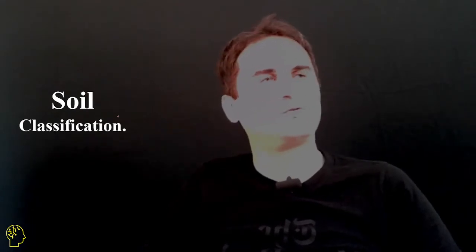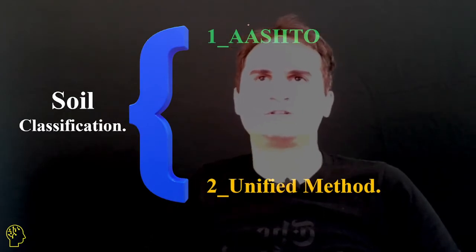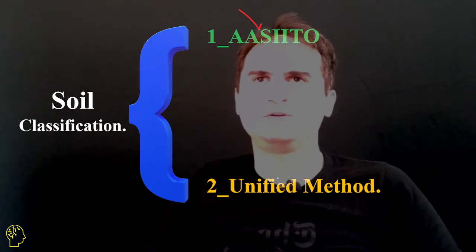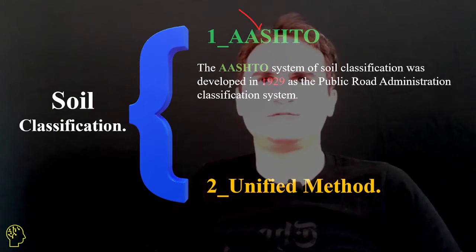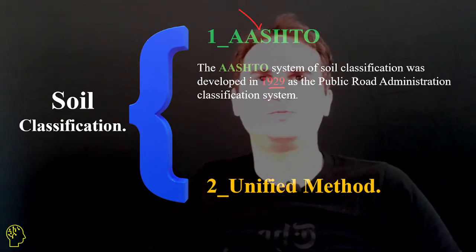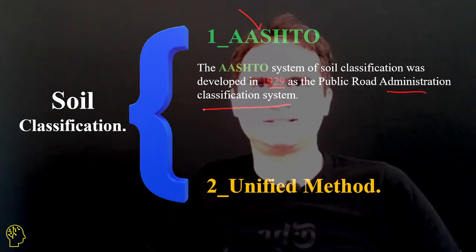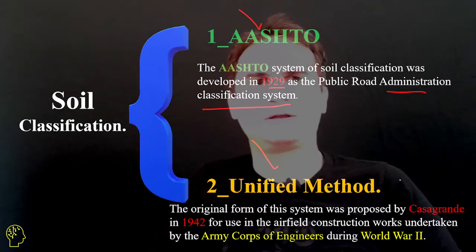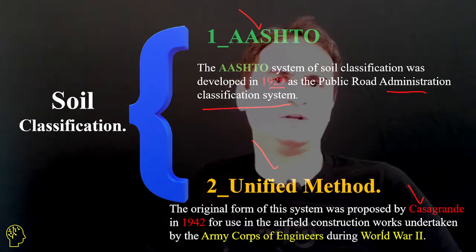And when we come to soil classification, it is divided into two parts: the AASHTO system and the Unified system. The AASHTO system of soil classification was developed in 1929 by the Public Roads Administration, and the Unified system was developed by Casagrande in 1942 for the Army Corps of Engineers in World War II.